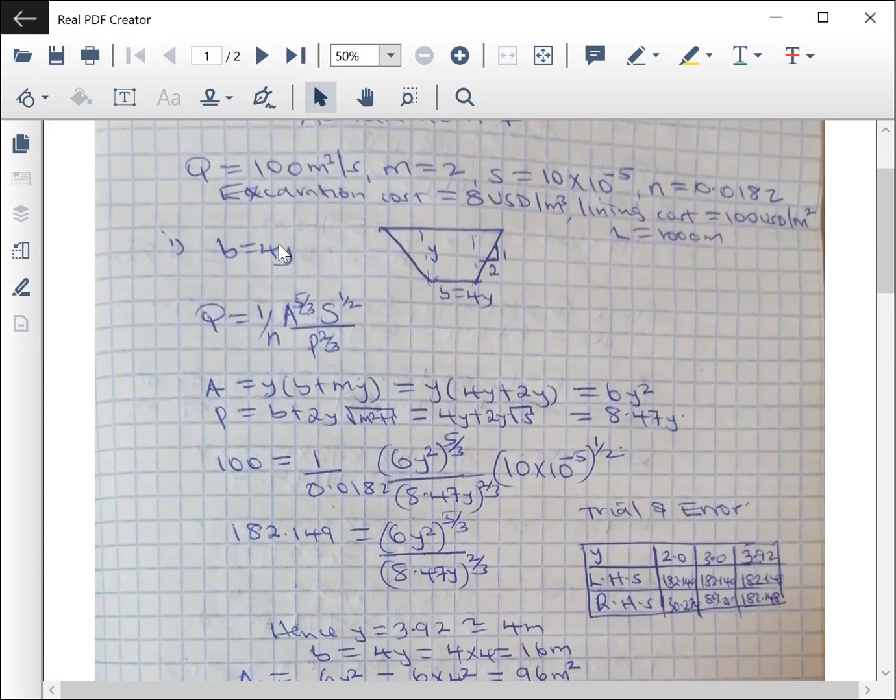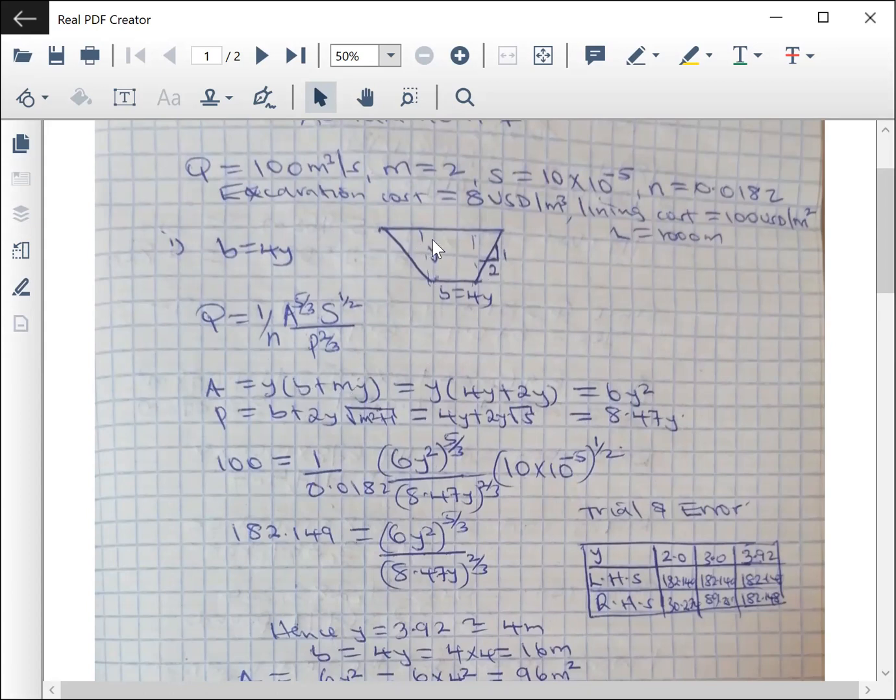So from there, now we shall say Q is equivalent to 1 over N, area power 5/3, multiplied by bed slope power half, divided by wetted perimeter power 2/3, which means area is equivalent to Y, which is depth, into B plus MY.